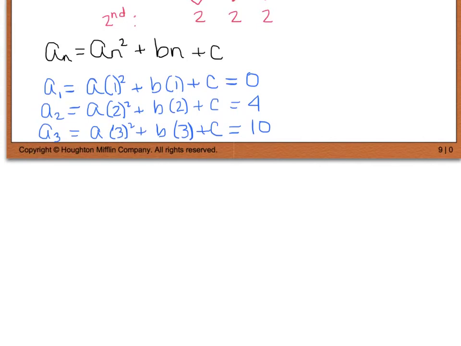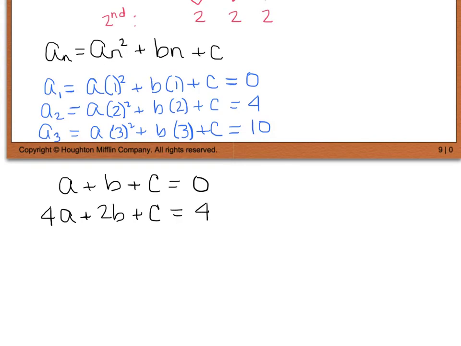When we do that, you'll notice that you get a plus b plus c equals 0. Then we have 4a plus 2b plus c equals 4. And then we have 9a plus 3b plus c equals 10.